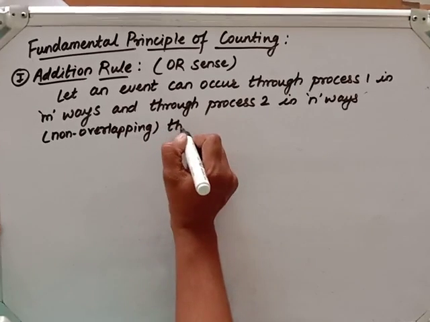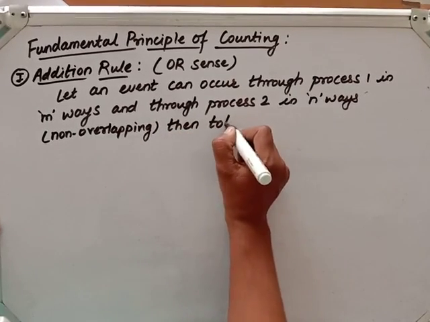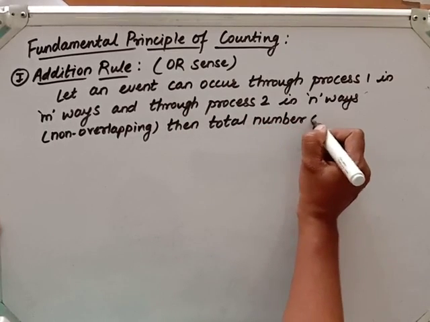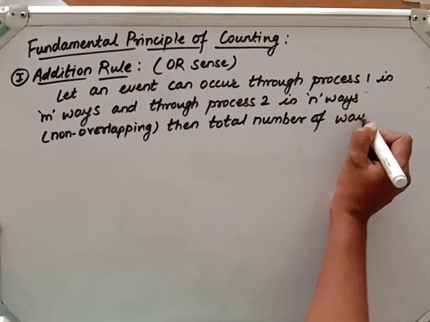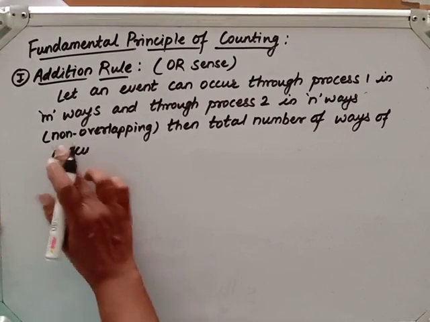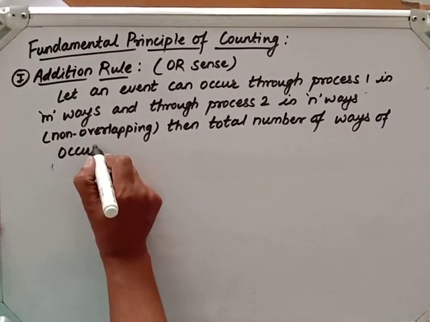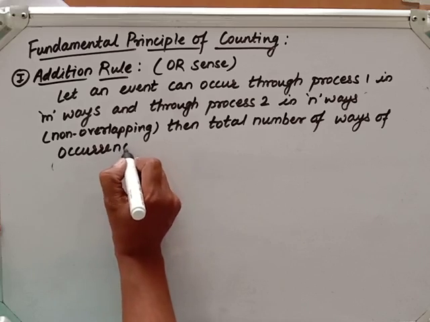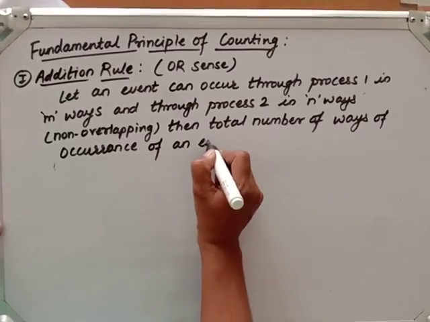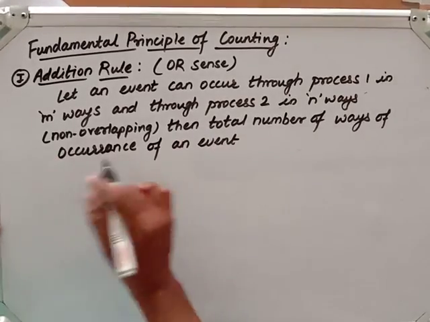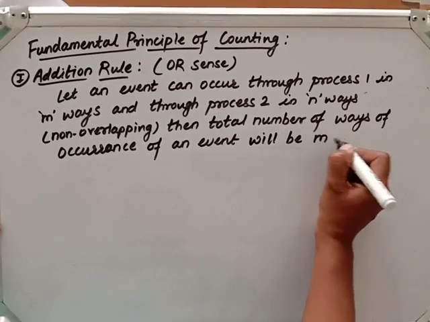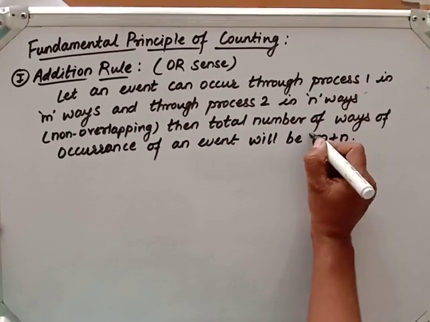Then the total number of ways of occurrence of an event will be m plus n.